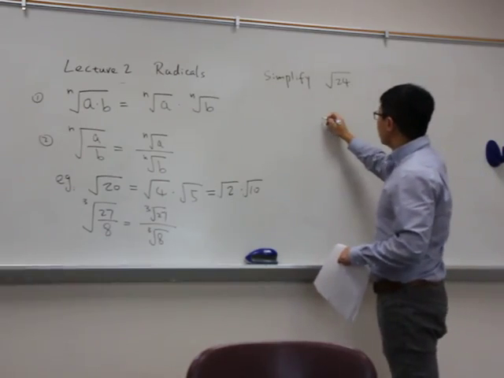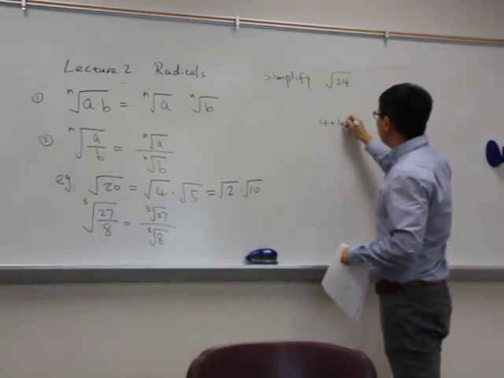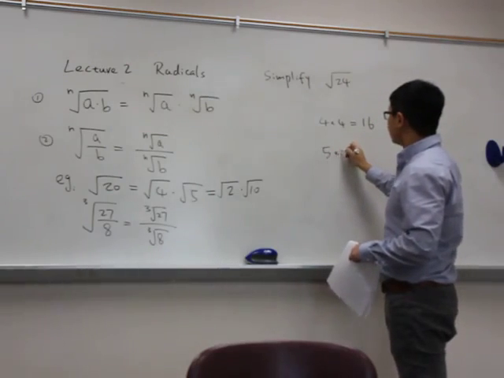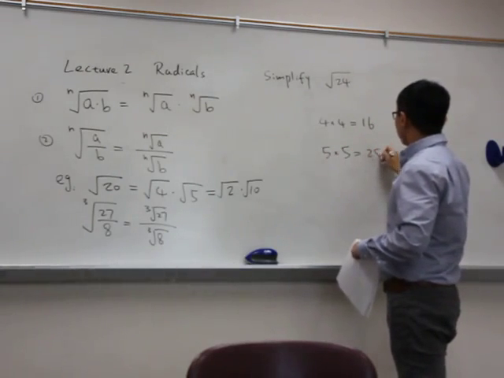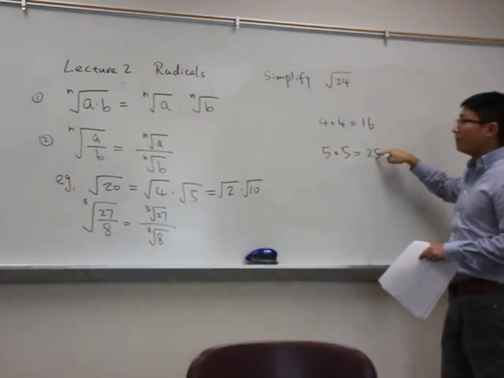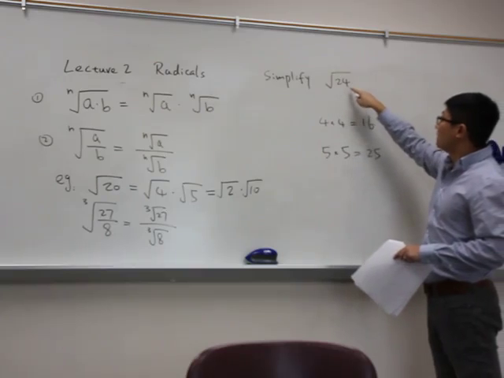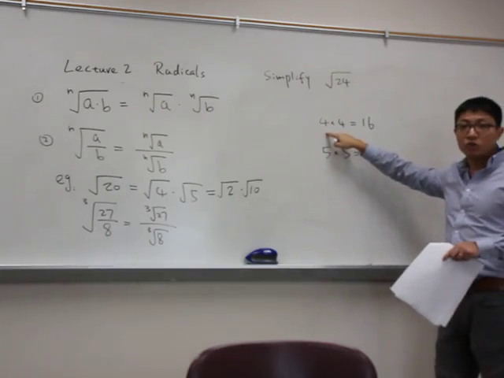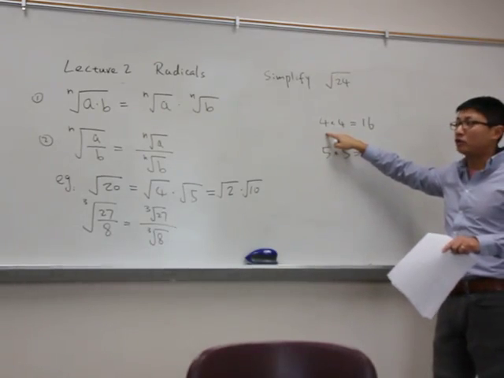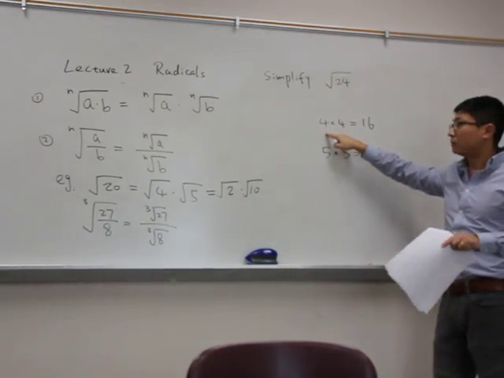Why? Because 4 times 4 equals 16, and 5 times 5 equals 25. Now because 24 is between 16 and 25, that's why the answer is not an integer. The answer is a decimal. Actually, it's a non-repeating decimal.